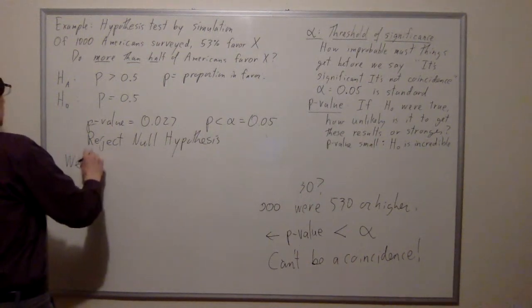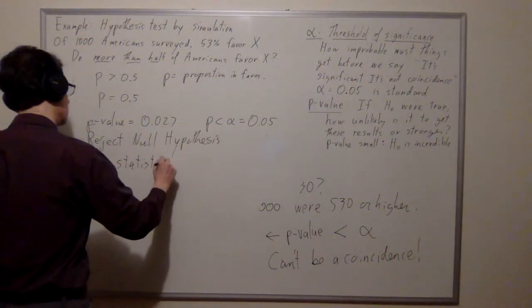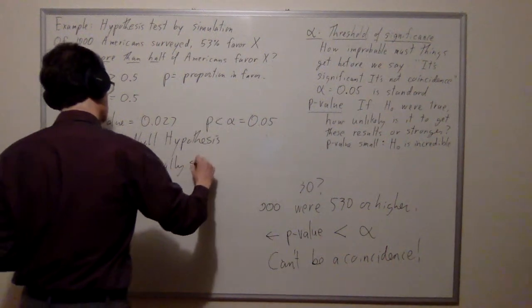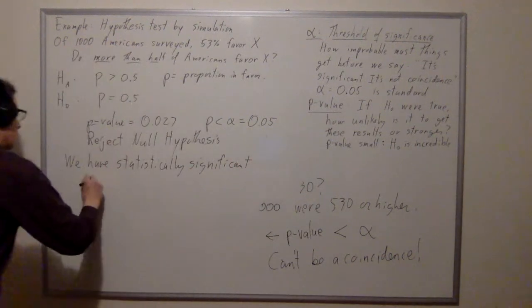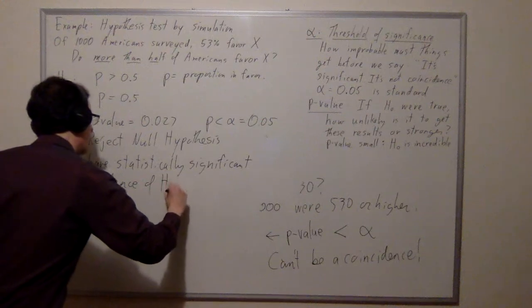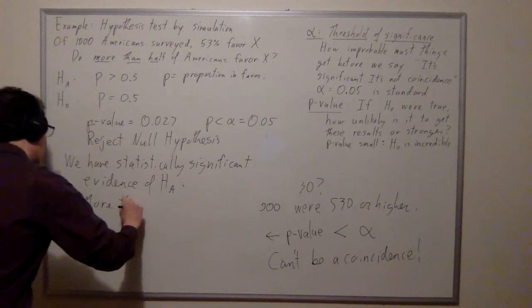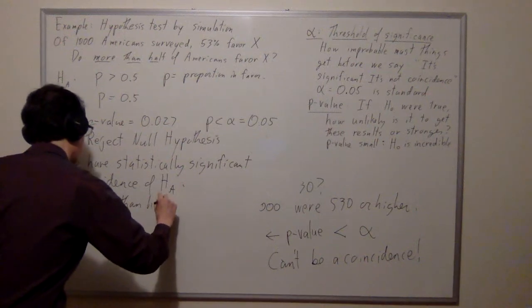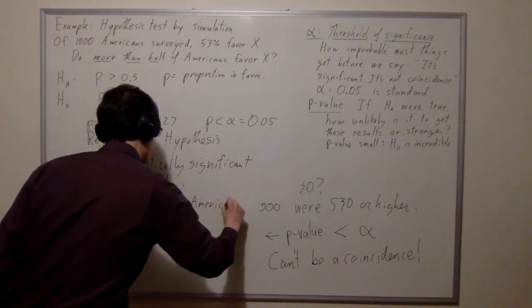And so we say we have statistically significant evidence of HA. And what does HA say? It says more than half of Americans favor whatever policy this is.